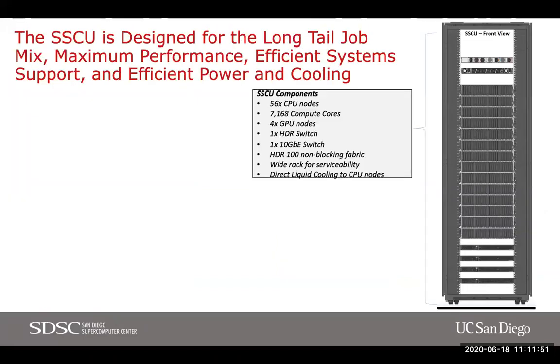The SCU is essentially designed for the kind of mix that we have. Basically, you have 56 CPU nodes in each SCU, and then you get 7,168 compute cores. If you remember, on Comet we have a 1728 core job limit, so we can bump that up on Expanse to 4,096 cores to keep a power of 2.